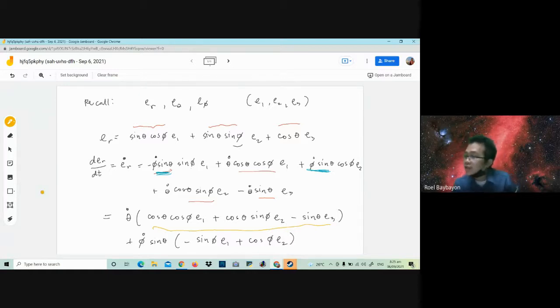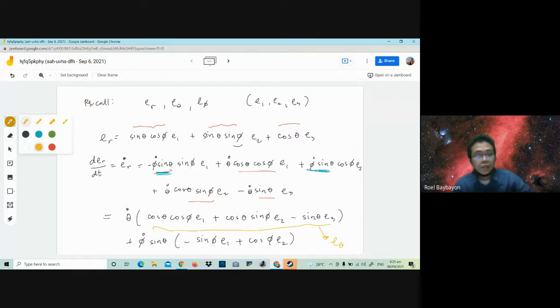Right? If you recall, E theta can be written like this. So this one is actually E theta. These three terms are actually E theta.